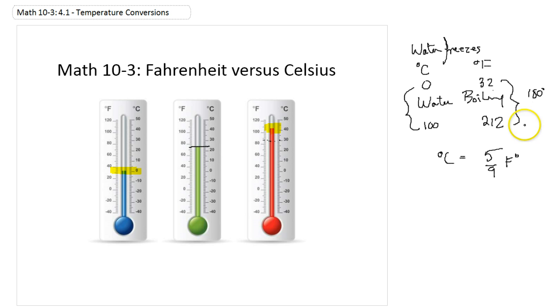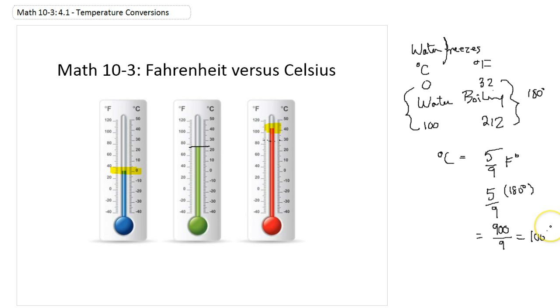So if I throw in 180 for my Fahrenheit degrees, we know that should come out to 100, because that's the same difference. Let's multiply that out on our calculator. We take 5 times 180. That gives us 900, and we divide it by 9. And so we get 100 degrees.